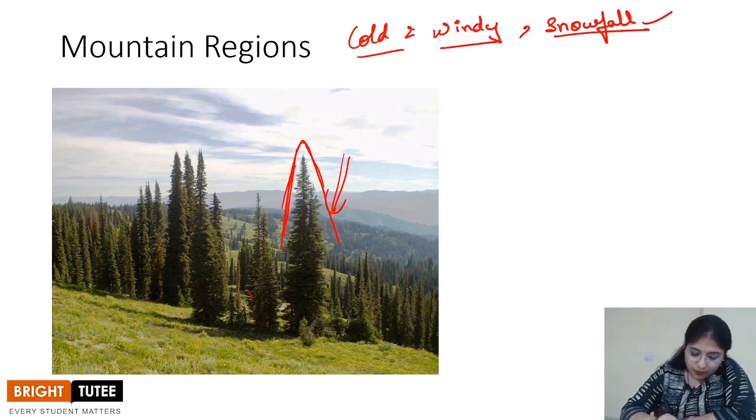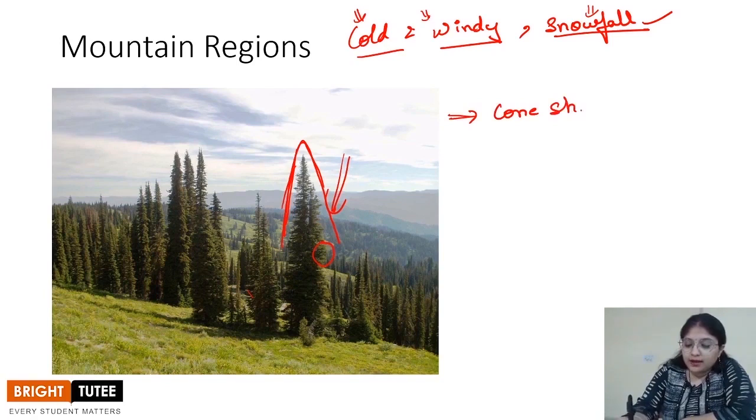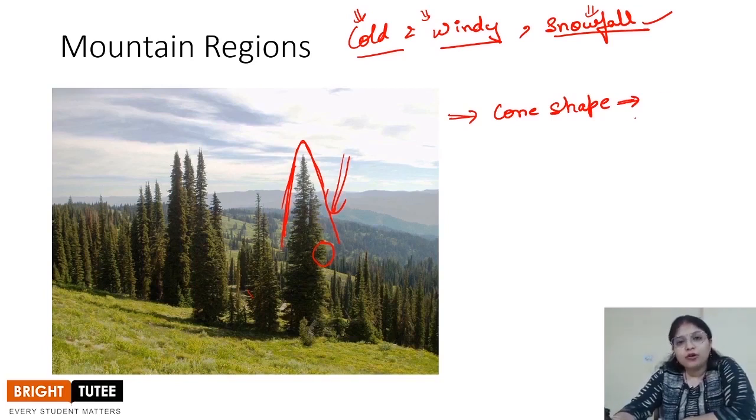Also, if you notice, the leaves are needle shaped, right? Now, as I said, the temperature is cold, it is windy, and also there is rainfall and snowfall in these regions. So the cone shape actually helps them in sliding off the snow and water from their body, right? The cone shape does not allow the snow and water to remain on the body of these plants.